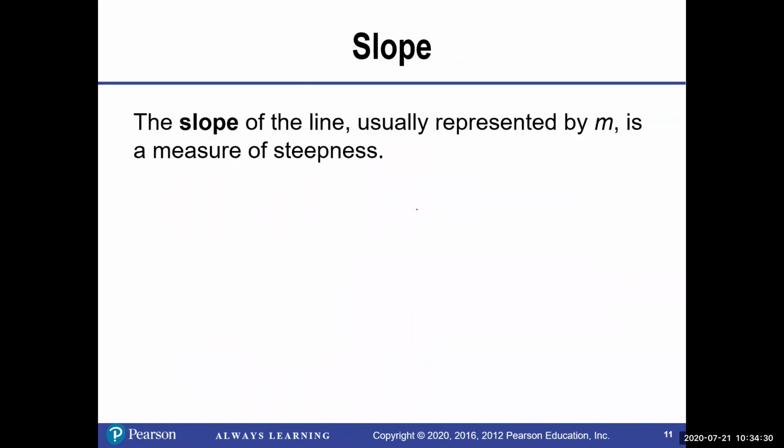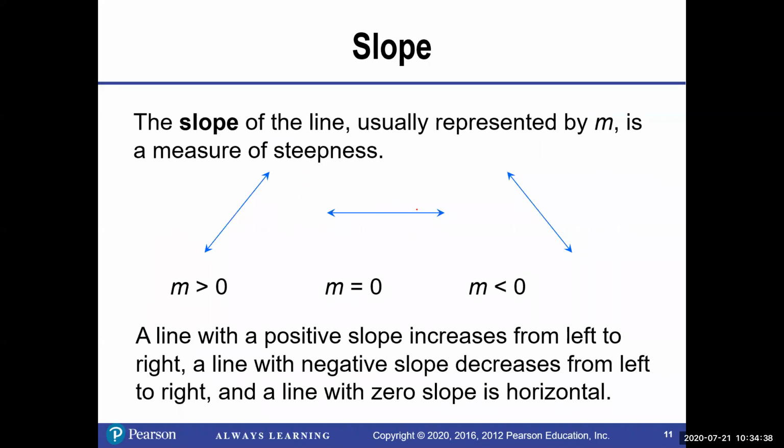Now, the slope of the line, usually represented by m, is a measure of steepness. Let me give you an example: m is greater than 0. You know that the equation of a line is y equal to mx plus b, where m is the slope and b is the y-intercept.